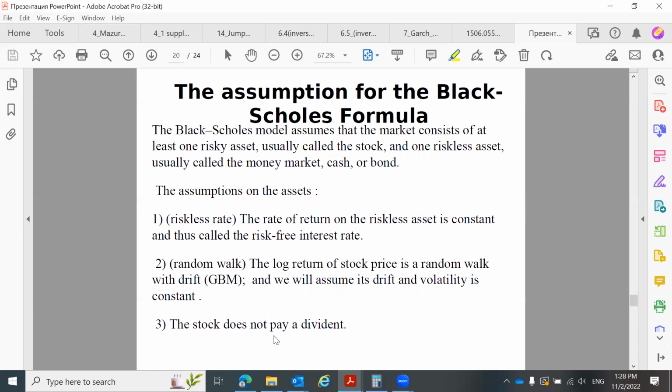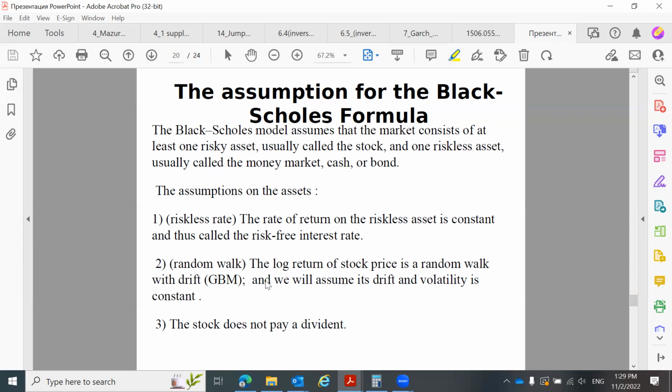So now everyone uses this formula. This formula has some assumptions: the assumption about the riskless rate, about the model for the risky asset, and about dividends. About the riskless rate, the rate of return on the riskless asset is constant and called the risk-free interest rate.